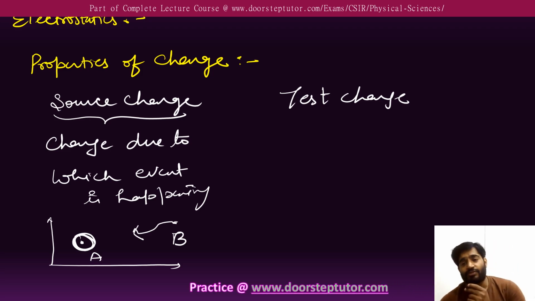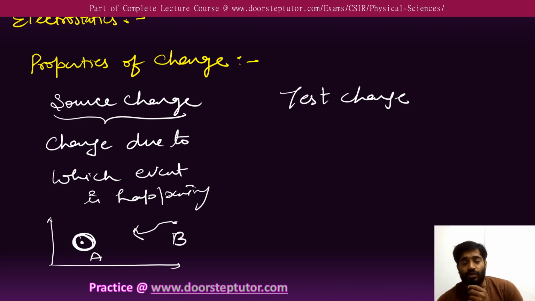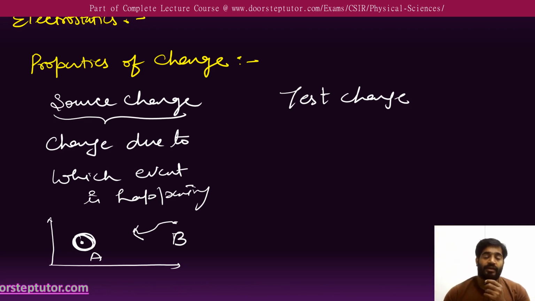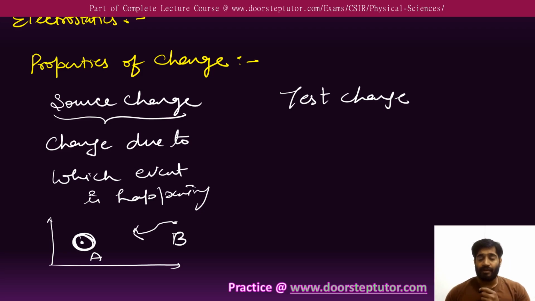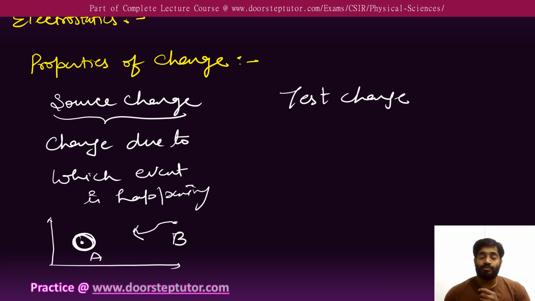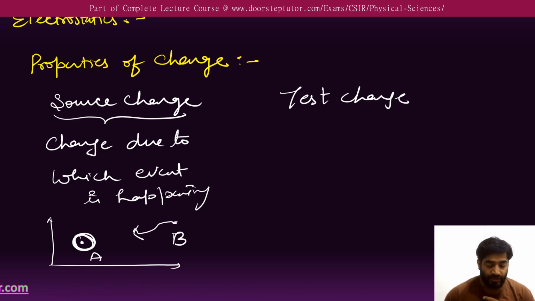A test charge is a very small charge, so small that when it comes near A, it does not affect the properties of A. For example, it does not affect the electric field of A or the force between A and B, because B is a very small charge, and that charge is what we call a test charge.